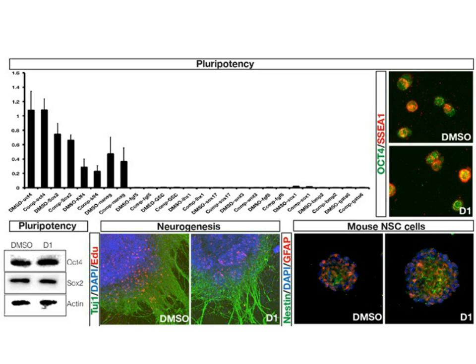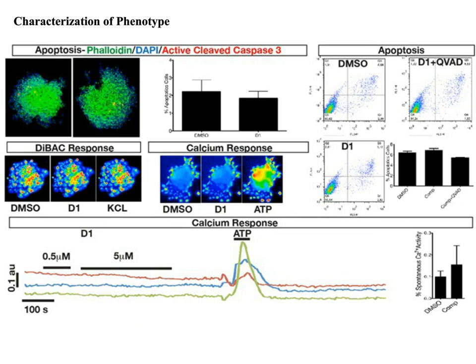When cells were exposed to this compound and we stained for active caspase, or did an annexin-V FACS assay or calcium response, we could not see an effect, indicating this compound was not really affecting apoptosis. So cells that had to die were dying. And we also did a whole-cell patch clamp to see whether there was any effect on ions getting in or out of the cell.